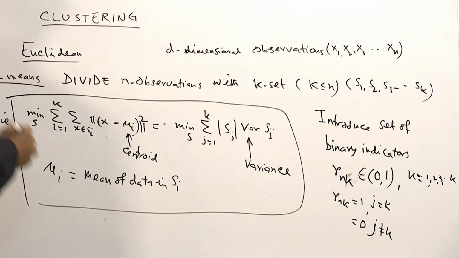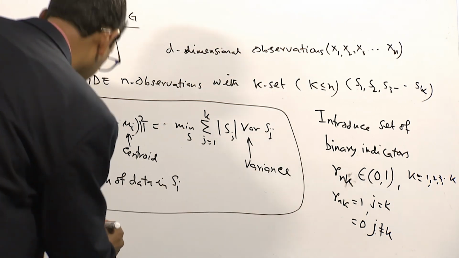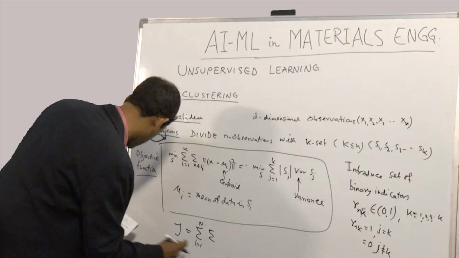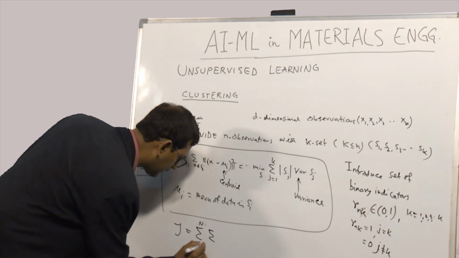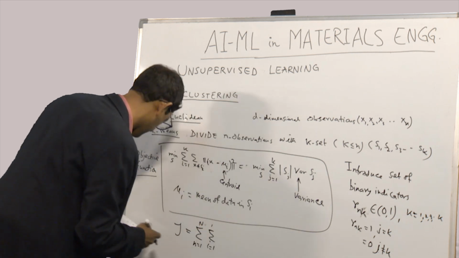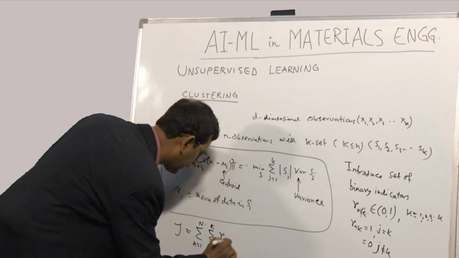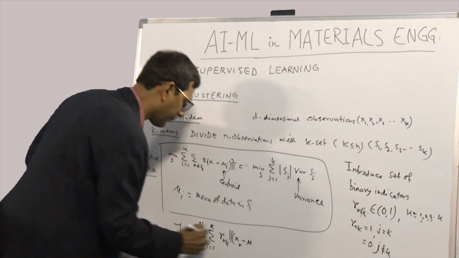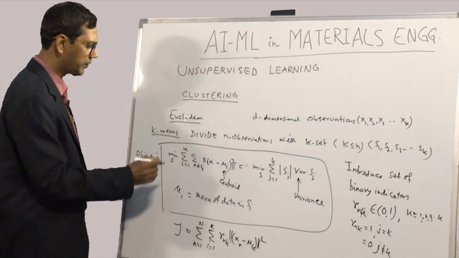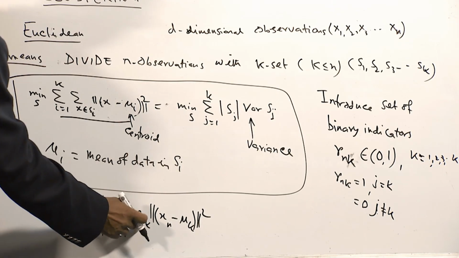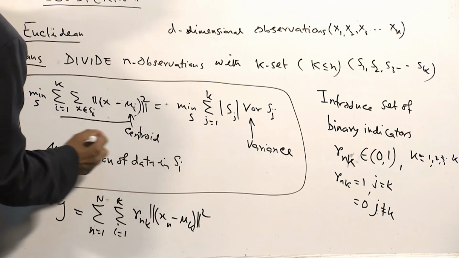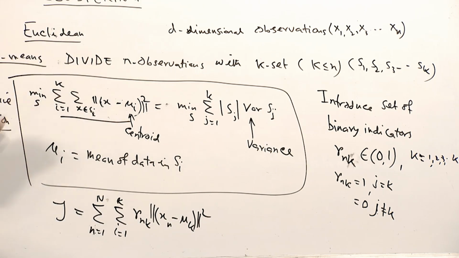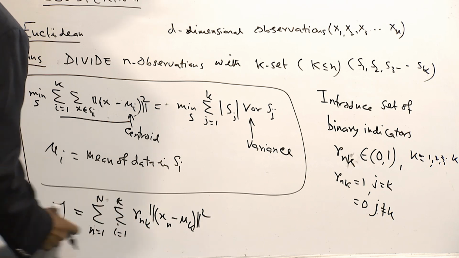So, this objective function J can be written very nicely now: summation over n, summation over k, R_nk times |x_n − μ_k| squared. We transformed the earlier equation into this by adding the variable R_nk, and this remains the same. x_n is basically x1 to xn. Once R_nk becomes 0, the sum is automatically 0.